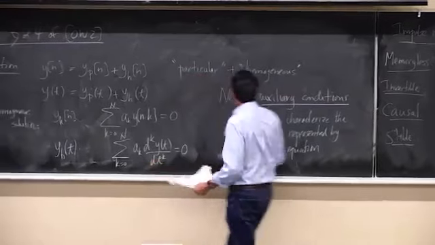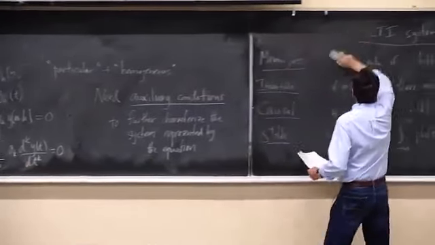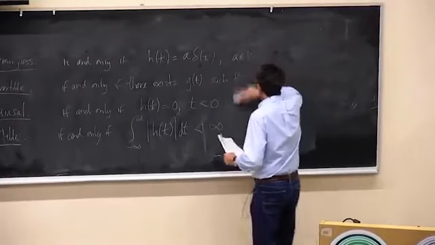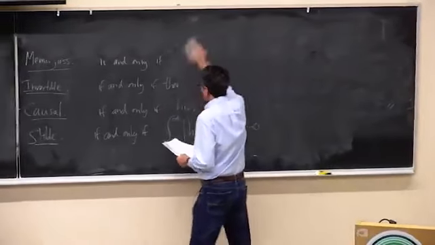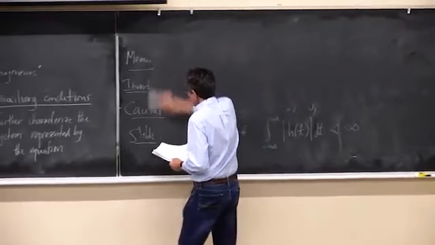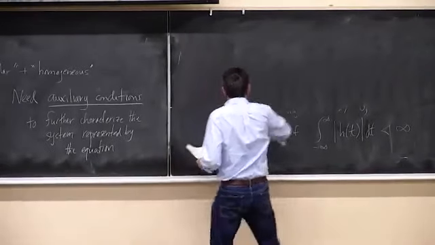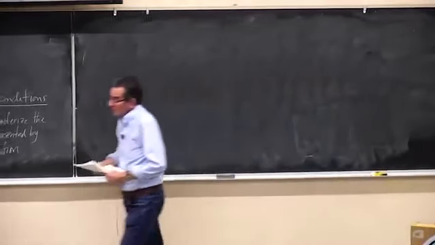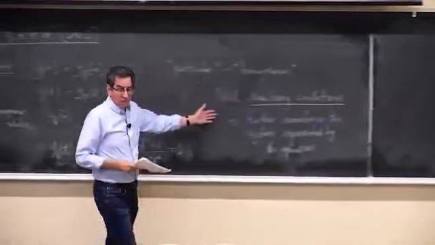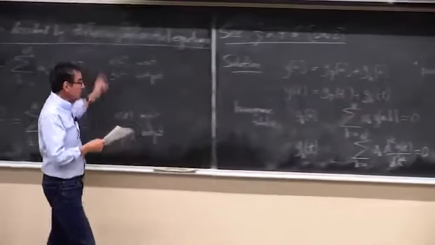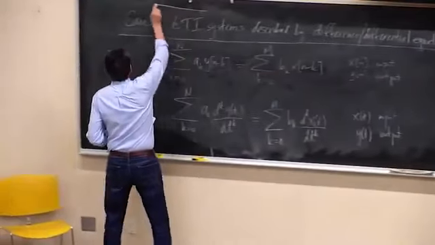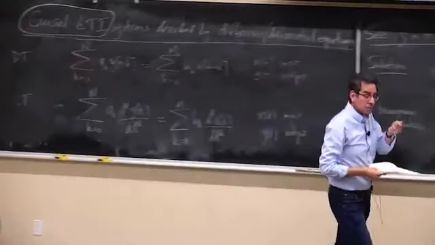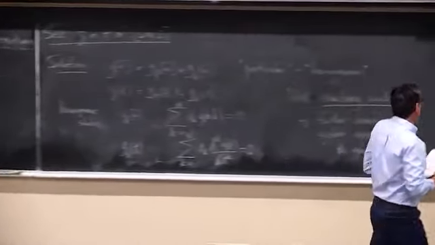I could have just given you the differential equation or the difference equation and said, this describes my system. Now, when I put x of t in or x of n in, I want to know what the corresponding y is. That won't be quite enough. You need to say something more about the system. Here I've said something about the system I'm interested in: the causal LTI system that's described by that differential equation.